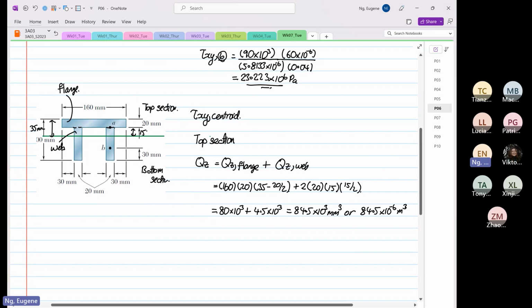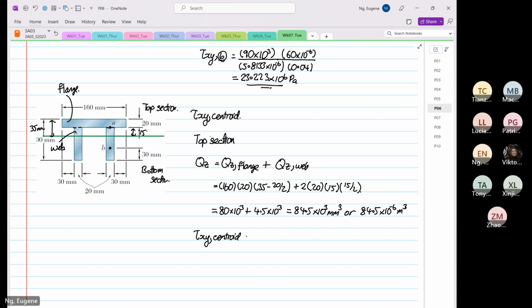From here, your shear XY at the centroid will be equal to Vy, which is 90 times 10 to the power 3, divided by 5.8133 times 10 to the power minus 6, multiplied by 84.5 times 10 to the power minus 6, and then you divide by twice of 0.02 because it's left and right.